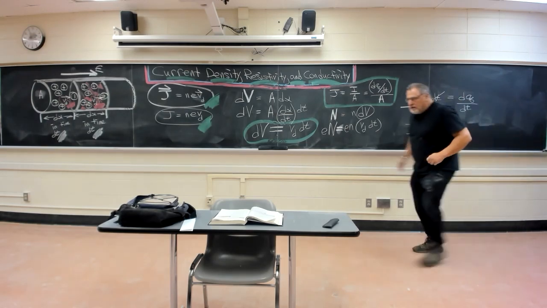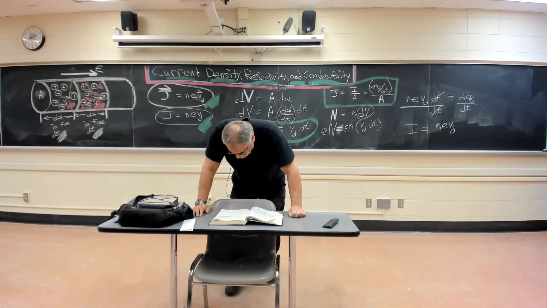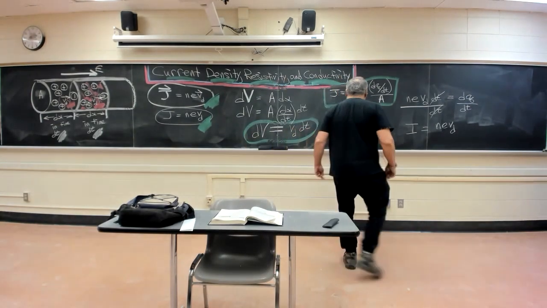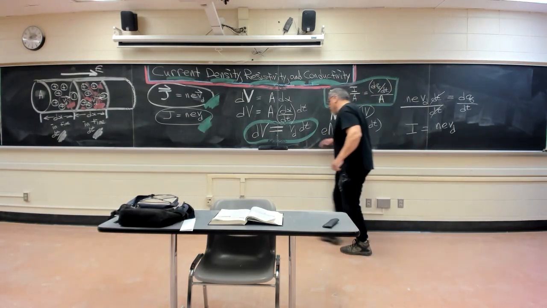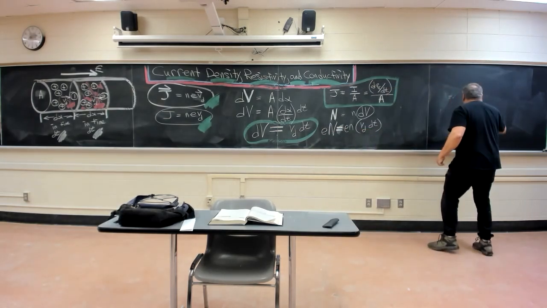But I didn't multiply it by A. Let me see here. Something happened, guys. I have to make sure. Yes, this is a problem here. Let me come back. There's something wrong with that. My fault.